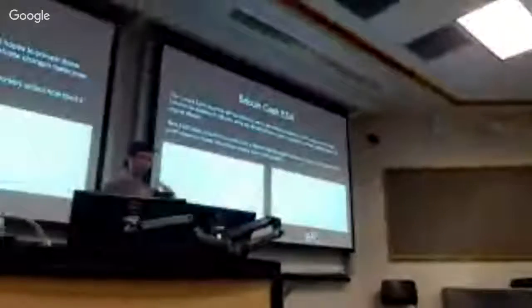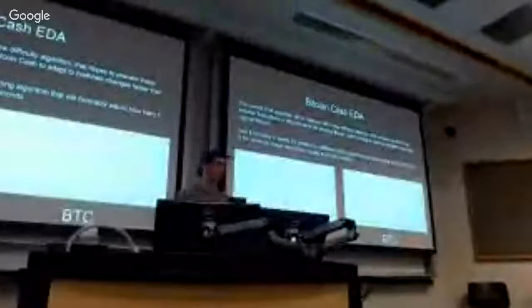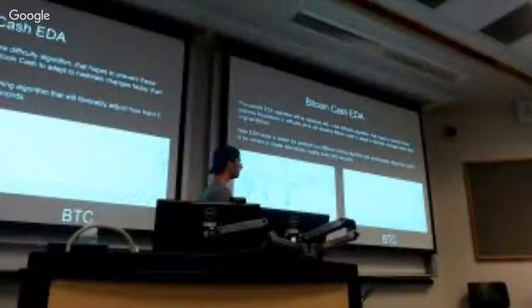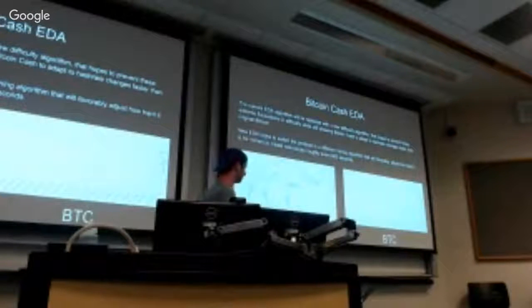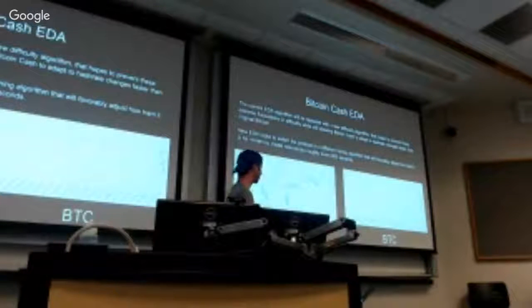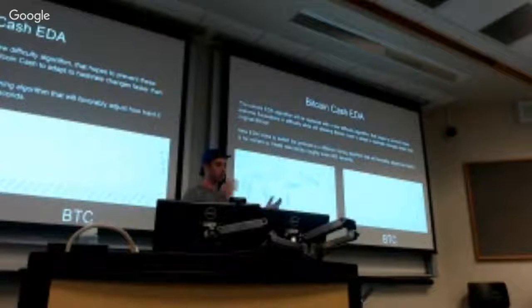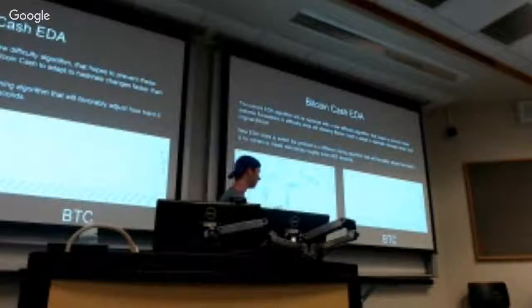Yeah, so it has to do with the difficulty of mining a block. Mining is based on how much power you have to throw at it. The difficulty is a number computed from how many transactions are within a block and a bunch of different things that go into a long math problem.